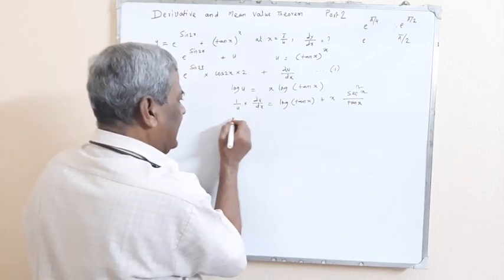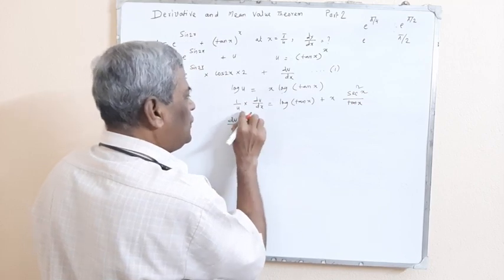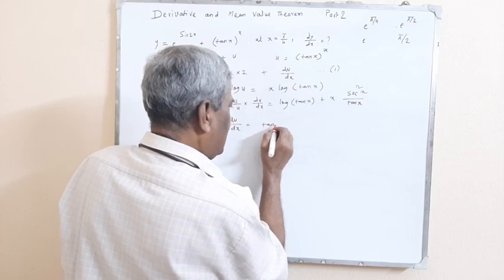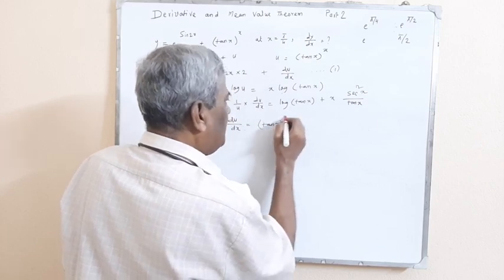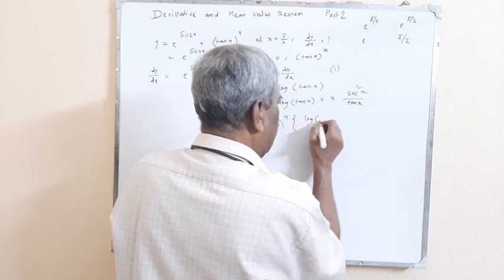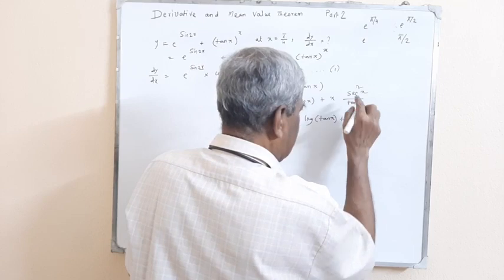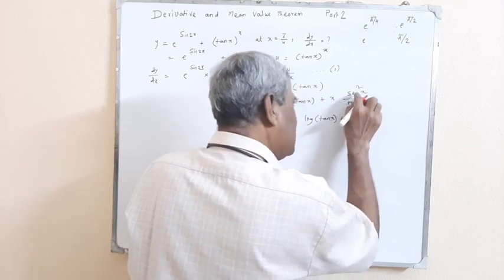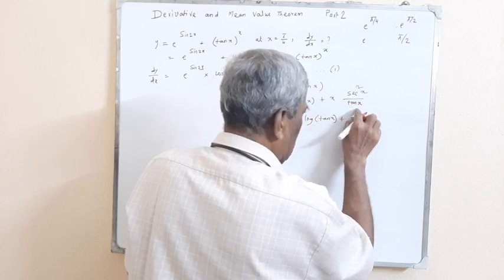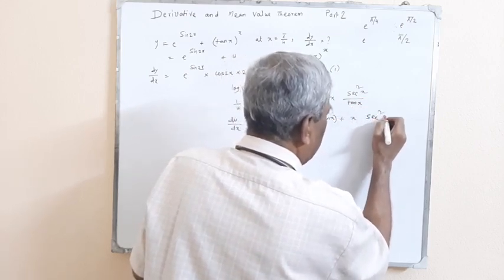Therefore, du/dx is equal to u into that. U means (tan x) to the power x multiplied by log of tan x plus x sec square x by tan x. Sec square means 1 by cos square.